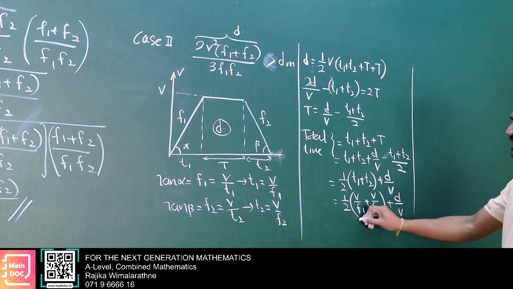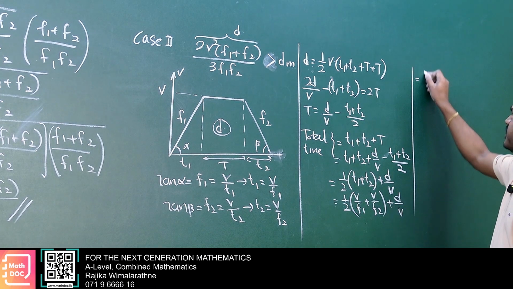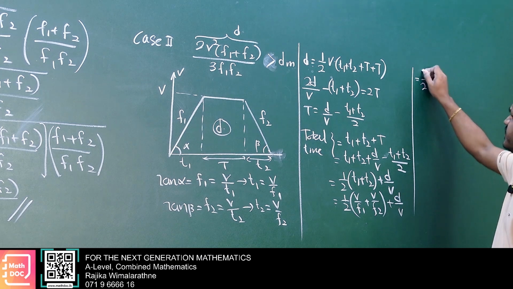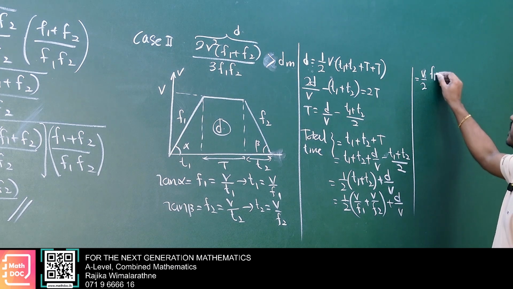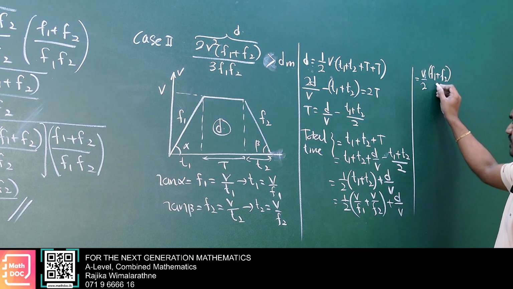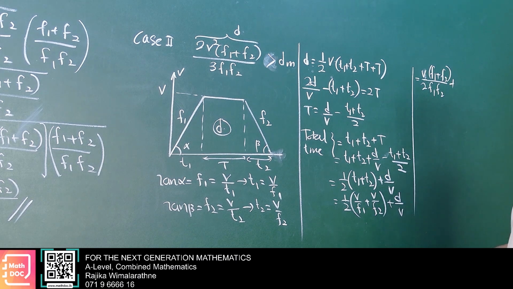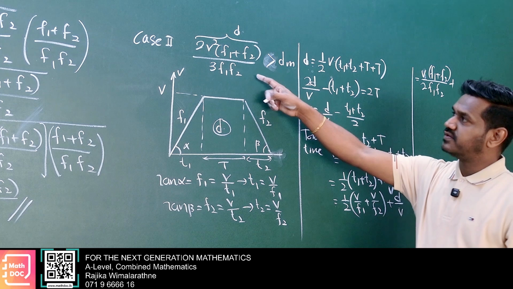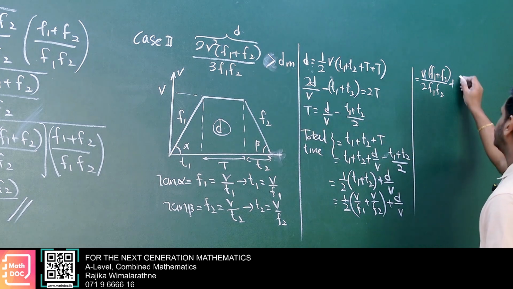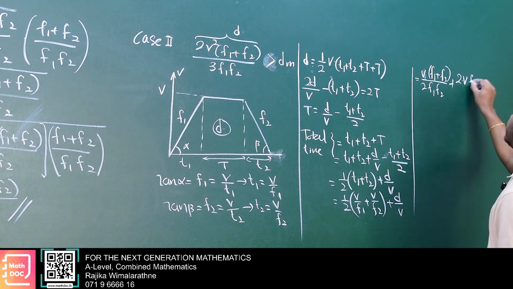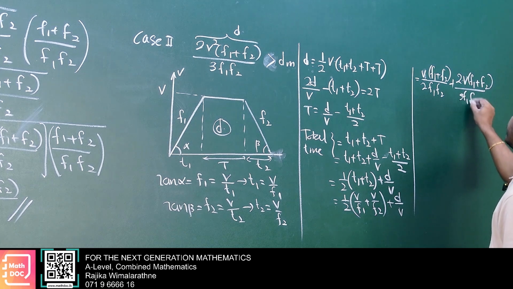You can simplify a little further. 1 over 2 times v over 2 times (f1 plus f2) over f1 f2, plus d over v, where d is this. So d over v is 2v (f1 plus f2) over 3 f1 f2.